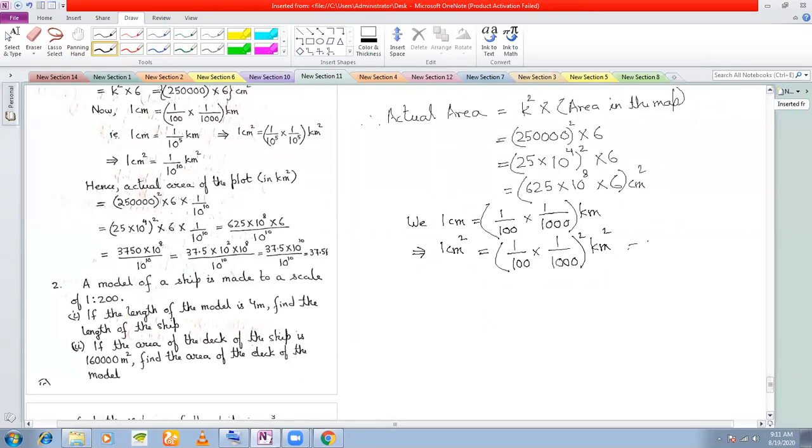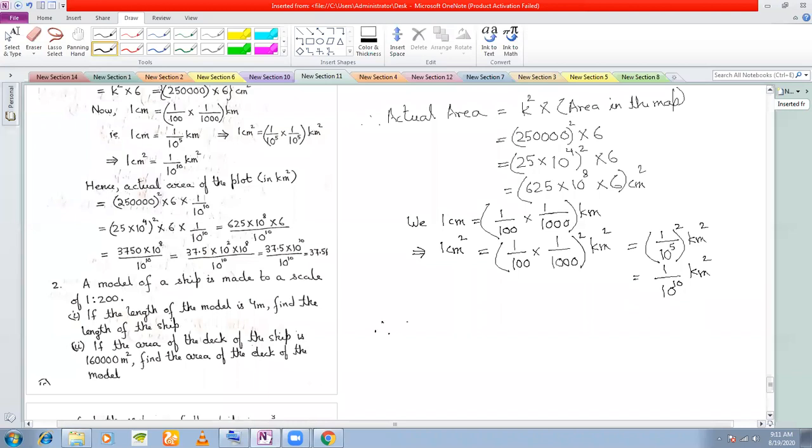Okay, so this is 1 by 10 to the power of 5 square, which is 1 by 10 to the power of 10 kilometer square. Okay, so 1 centimeter square is 1 by 10 to the power of 10 kilometer square.